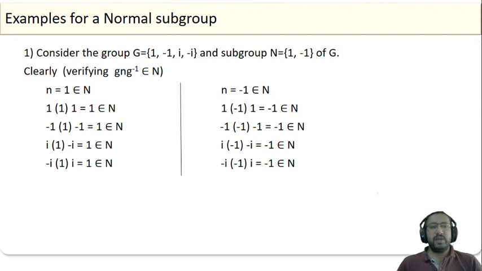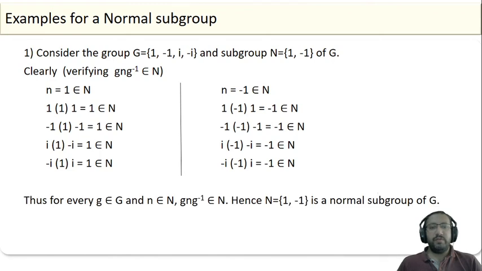The inverse of 1 is 1, the inverse of minus 1 is minus 1, the inverse of i is minus i, and the inverse of minus i is i. So using those, we have found g n g inverse, and all clearly belong to the subgroup N. Therefore, N is clearly a normal subgroup of G.